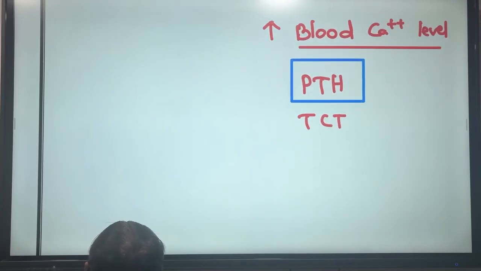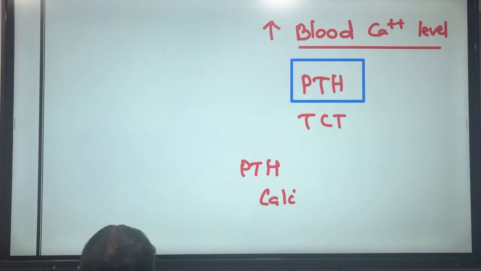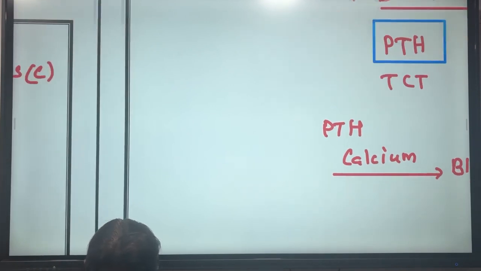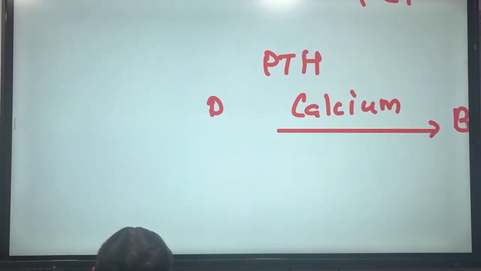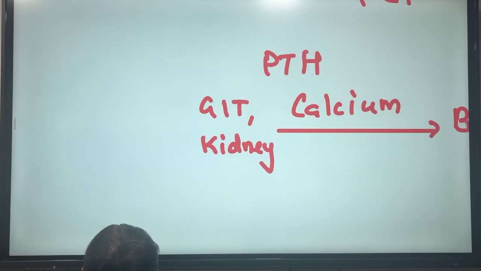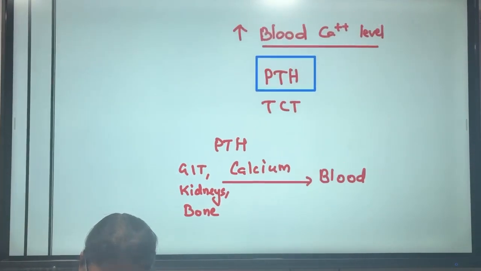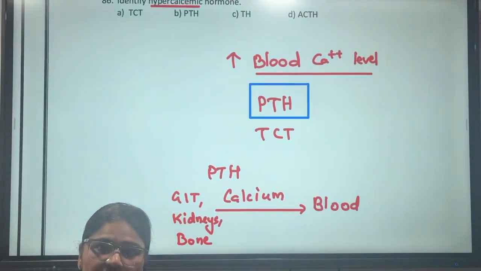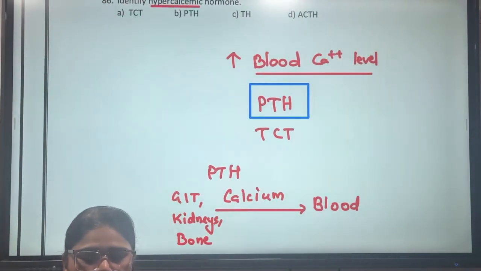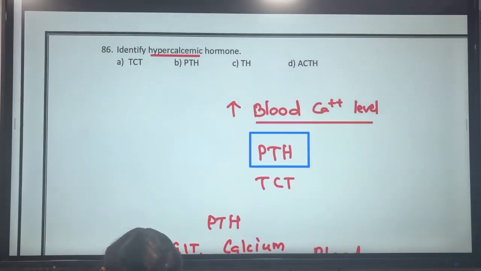According to NCERT, PTH brings calcium from three places to blood. These three places are your digestive system, that is the GI tract, the kidneys, and of course, most importantly, bone. So parathyroid hormone increases blood calcium levels by bringing it from the GI tract, kidneys and bone. So, answer is option B.